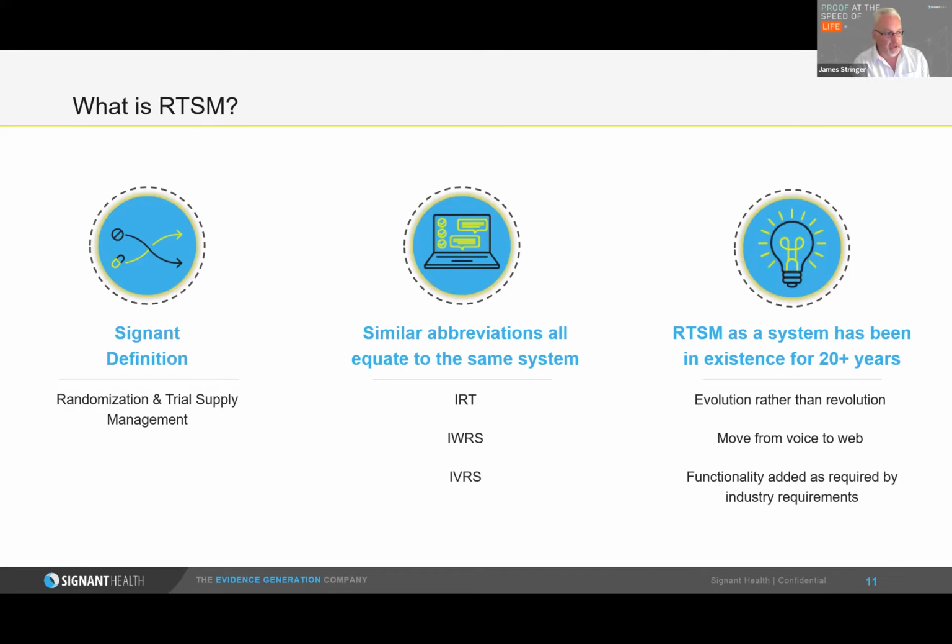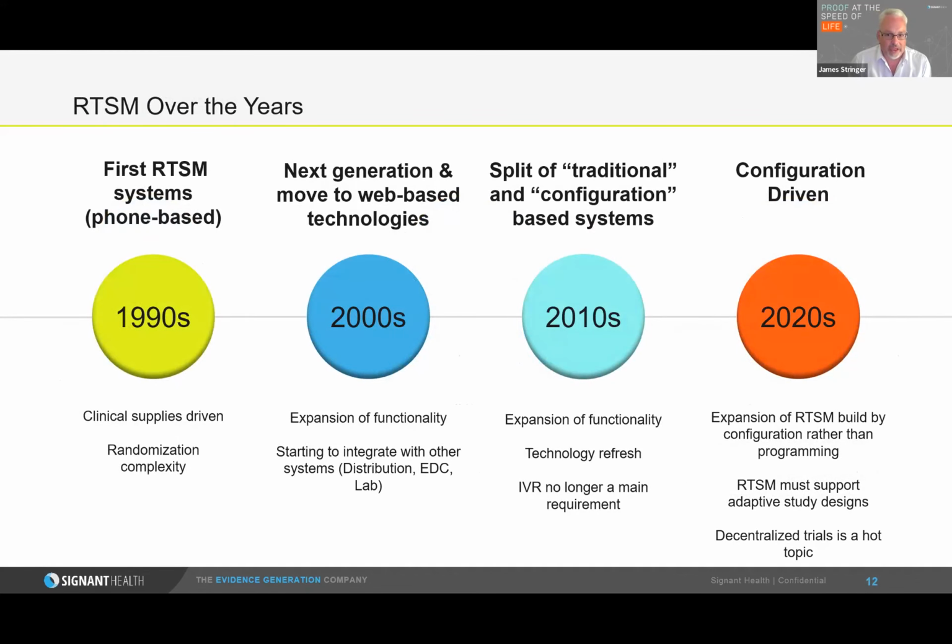If we go to the next slide and we look further into the history of it, as I said, these systems started as a means to make the clinical supply side of things more efficient, which points to the question that we asked at the start, though we'll get on to what that answer actually means in the future. So we started off with phone-based systems because that was the technology at the time.